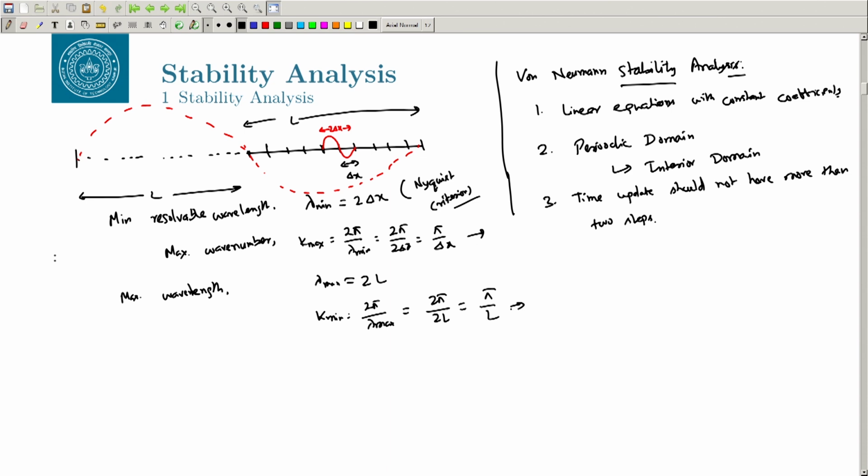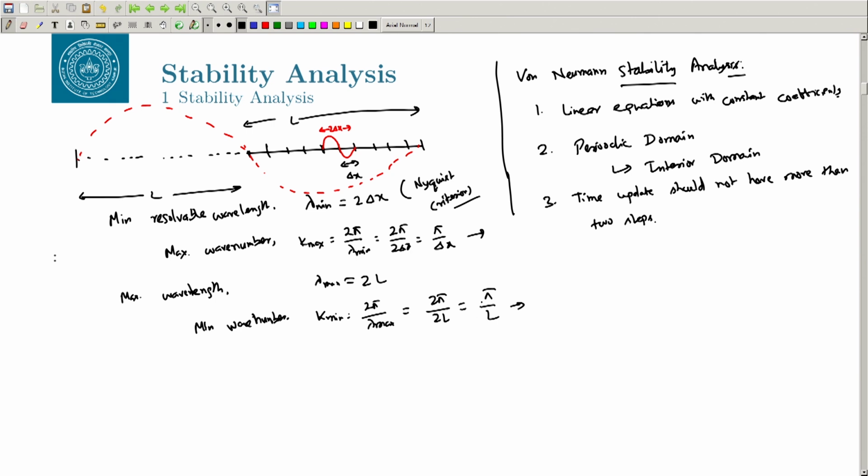So, why did we find the maximum wave number and minimum wave number? Because whenever you put a grid, you limit what is the maximum wave number that you can resolve and what is the minimum wave number that you can resolve, right. So, what is the kind of harmonics that you can represent using this grid? You can represent not only delta x, you can have 2 delta x, 3 delta x.